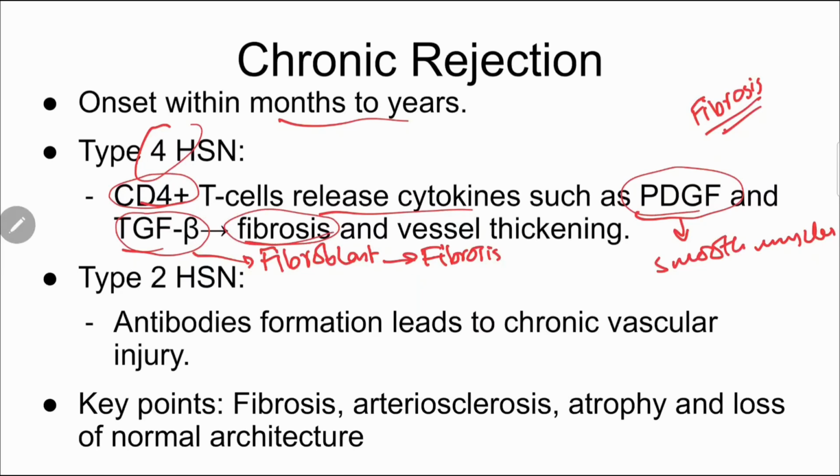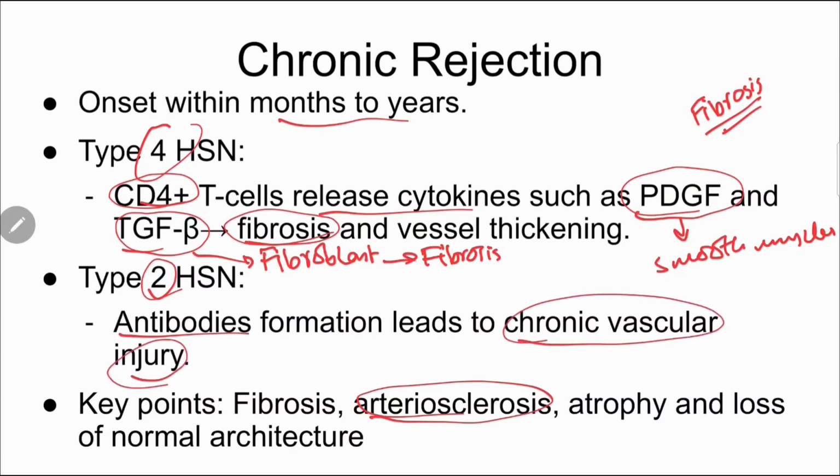And that is one of the reasons why you get arteriosclerosis, right? So your vessels start becoming stiff with so much fibrosis. And the other mechanism is the type 2 hypersensitivity. And this is the reason why you have antibody formation that leads to chronic vascular injury, right? And that chronic vascular injury can again contribute towards your arteriosclerosis.